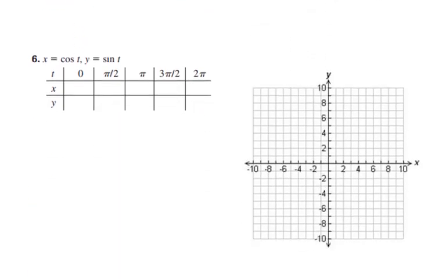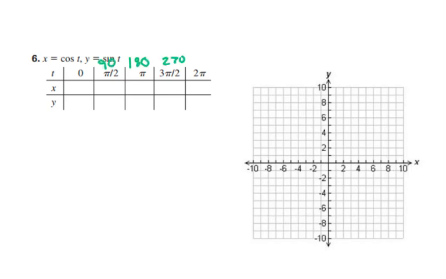Alright, then we're going to do the same thing in the next one. It's probably easiest if we change these to be their degree measures, just because it's a little easier to see where we are.